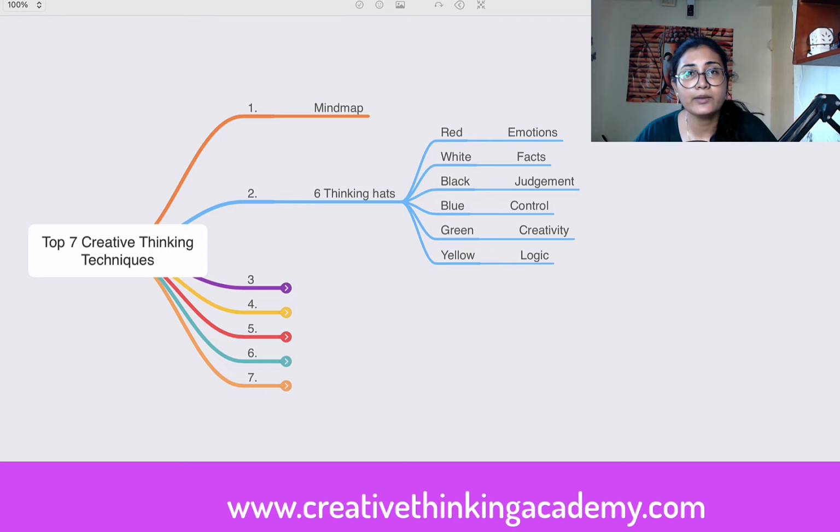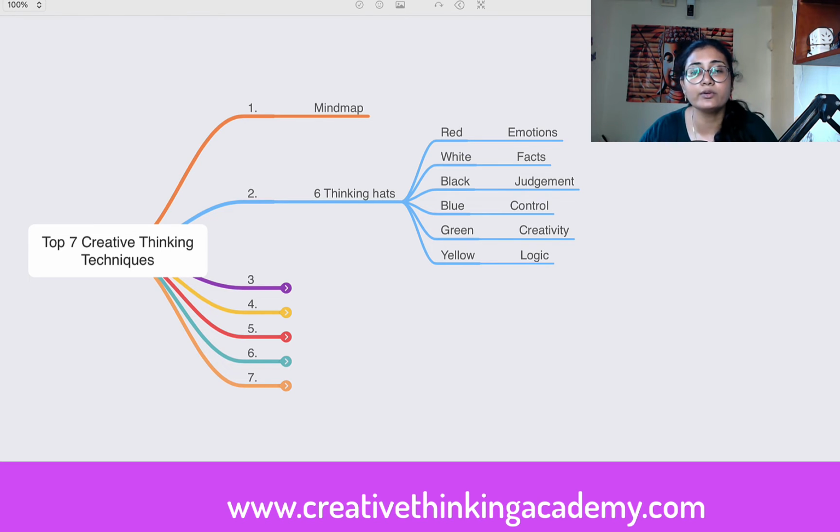By wearing these hats, not physically but in your thinking, you imagine you are wearing the hat. Maybe in the office you are given a task to come up with some innovative ideas. You can divide yourselves so that one person wears the red hat, one the white hat, or one person can wear more than one hat, one at a time, and then change their perspective and wear a different hat.